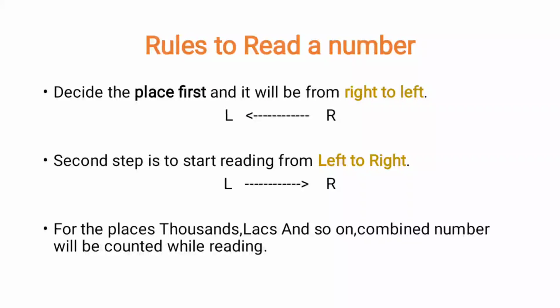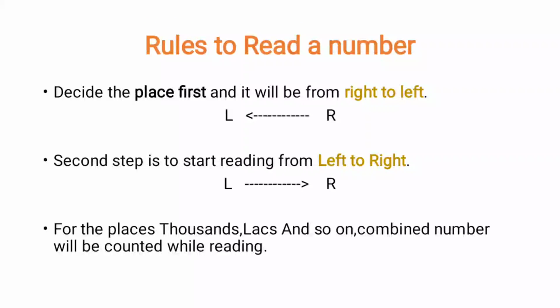Means in addition to ones, tens, hundred, there will be thousands place, lakhs place, crores place and so on. But when we talk about thousands place, there is thousand and 10,000. Similarly for lakh and 10 lakh, crore and 10 crore.